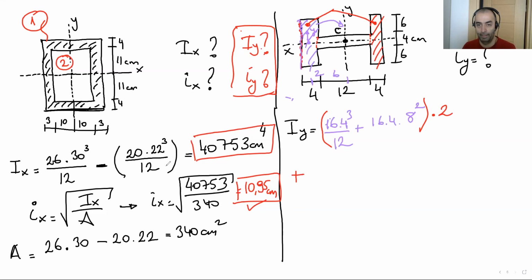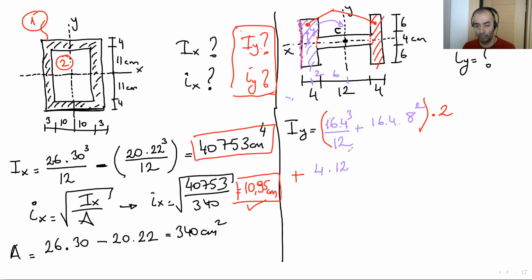Now which one is parallel? For the web part, 4 is parallel, times which one is perpendicular? 12. The 12 over here is perpendicular to the axis.